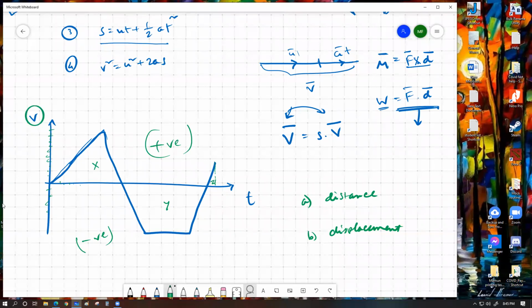So for distance you simply have to add all the areas, X plus Y plus Z gives you the distance. But for displacement this should be X minus Y plus Z. All the positive side displacement comes on the addition side, and the negative side displacement comes on the subtraction side.